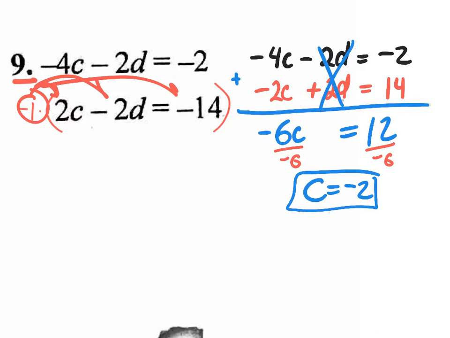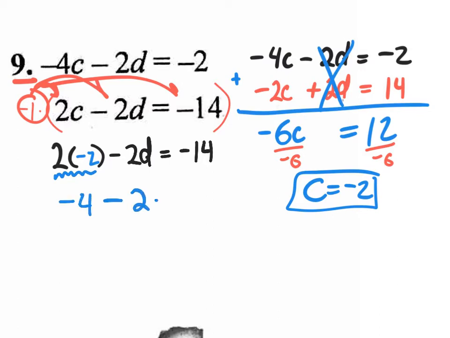That's one answer. I need the other answer. So I'm going to plug it in. I think I'm going to go with the bottom equation. So instead of 2 times c, I want to put the negative 2 that c actually is, right? C equals negative 2. I put that right in here. And then I'm going to rewrite the rest: minus 2d equals negative 14. So when I go 2 times negative 2, that's negative 4.